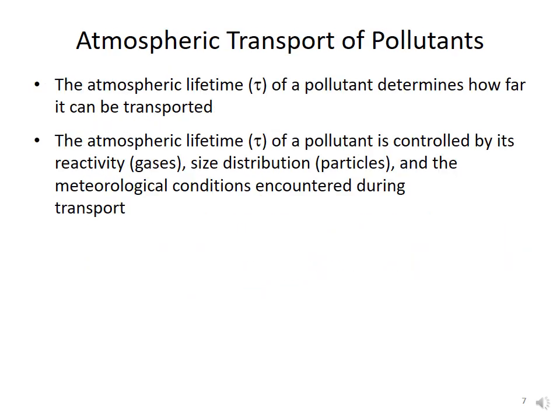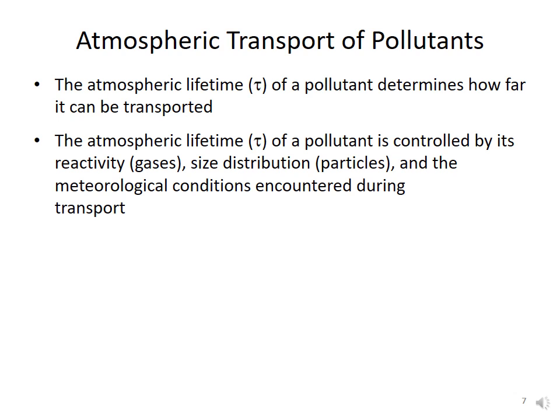So in terms of the transport, we've already said that the atmospheric lifetime determines how far it can be transported, and here I'm going to refer to the atmospheric lifetime as tau. The lifetime of that pollutant is really controlled by its reactivity if it's a gas, by its size distribution if it's a particle, and by the meteorological conditions encountered during the transport.